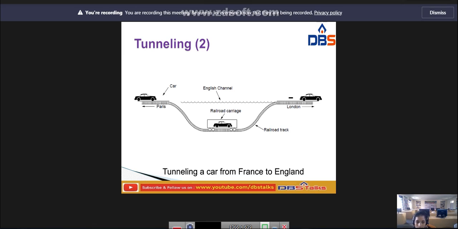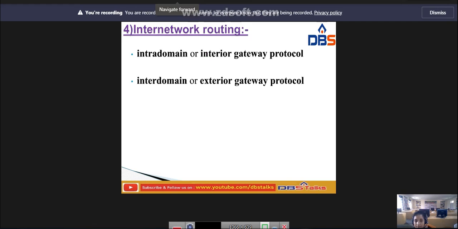Okay, so next, coming to internetwork routing. Routing through an internet possesses the same basic problem as routing within a single network, but with some added complications. To start, the networks may internally use different routing algorithms.